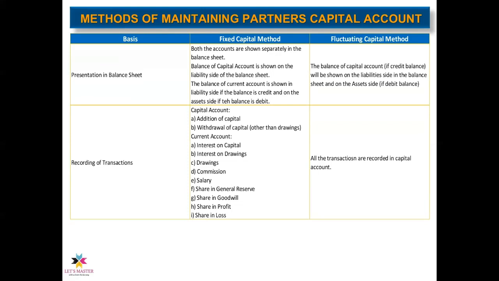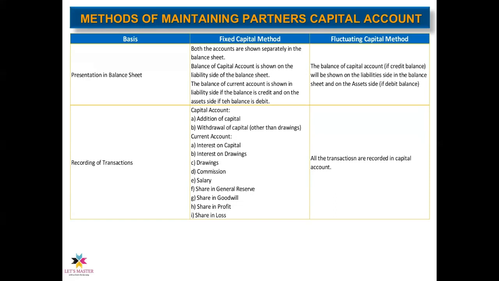So the capital account of partners will always be shown on the liability side of the balance sheet. Whereas the balance of the partner's current account, if having a credit balance, would be shown on the liability side, and if the balance of the partner's current account is showing a debit balance, then it will be shown on the asset side of the balance sheet.